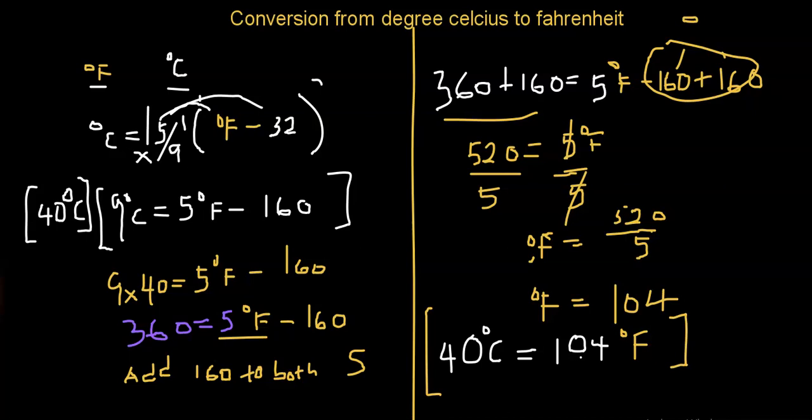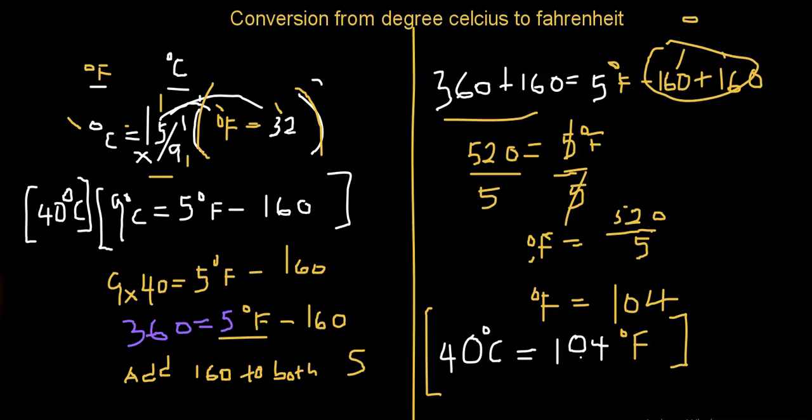Remember, I told us that to convert from degree Celsius to degree Fahrenheit, we make use of the formula: degree Celsius is equal to 5/9 bracket open degree Fahrenheit minus 32, bracket closed.